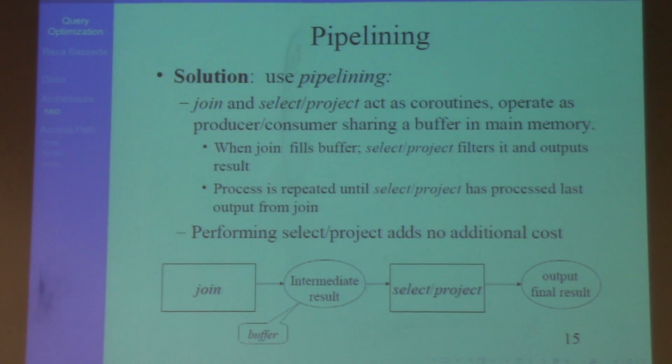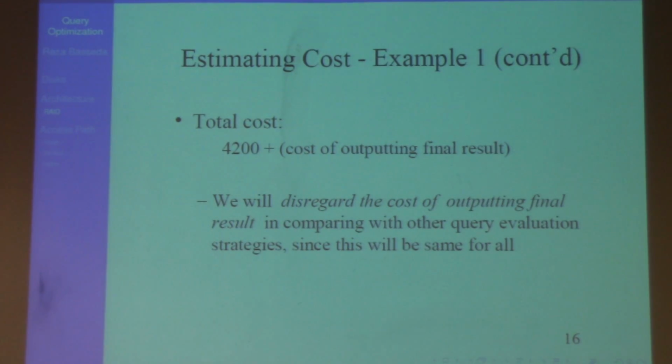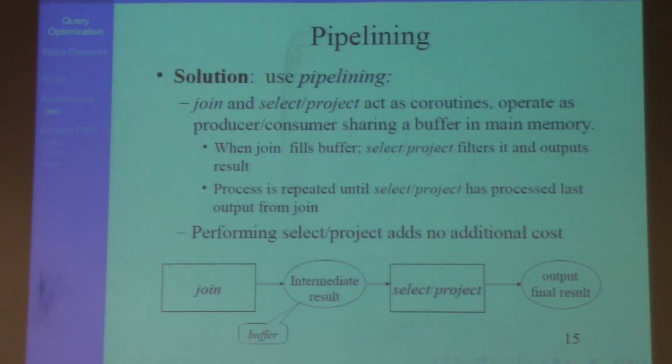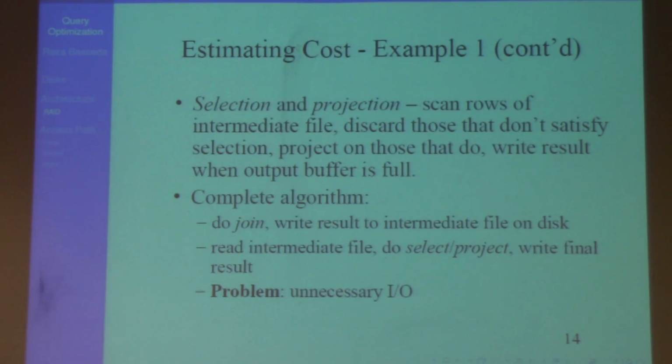Why? Because as long as the records are in memory, we are doing our actions and we are selecting and projecting. So if we assume that the output is very small, then what is the difference between using pipelining and without using pipelining?